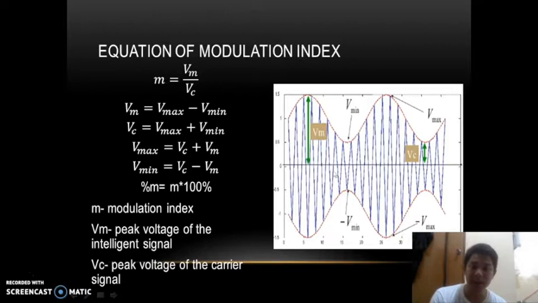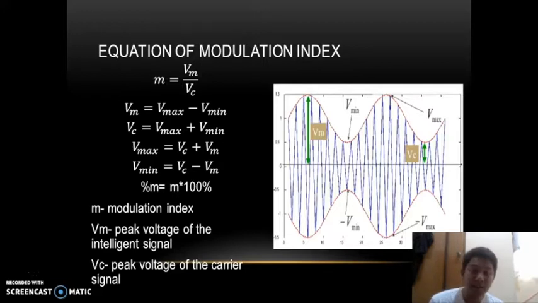If we are given an AM signal where we don't have actual values of Vc and Vm, we can get the modulating voltage as the maximum voltage of the AM signal minus the minimum voltage, while the carrier voltage is equal to the maximum voltage of the AM signal plus the minimum voltage.